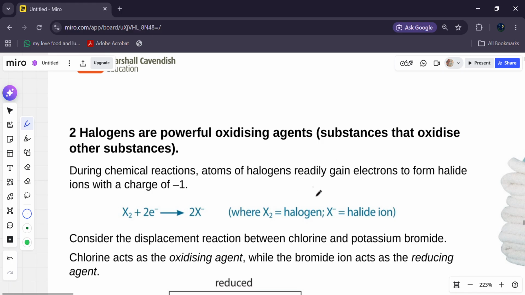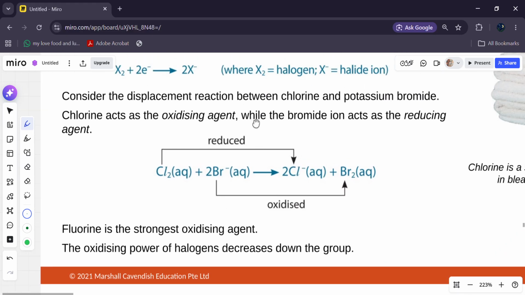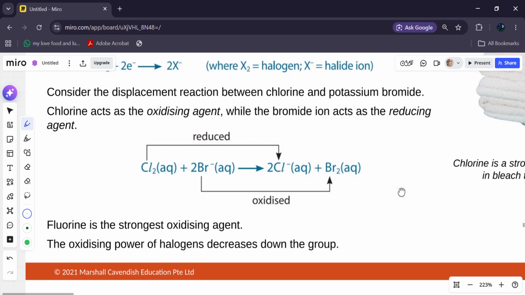The overall ionic equation is this. Chlorine acts as the oxidizing agent, while the bromide ion acts as the reducing agent, and fluorine is the strongest oxidizing agent. The oxidizing power of the halogens decreases down the group.